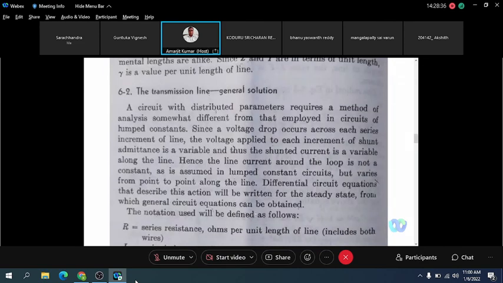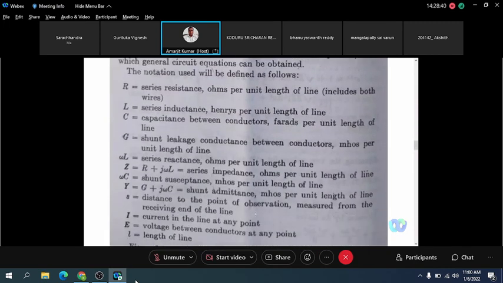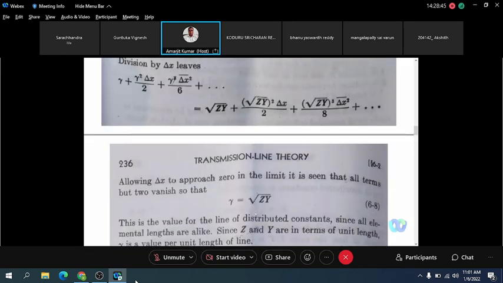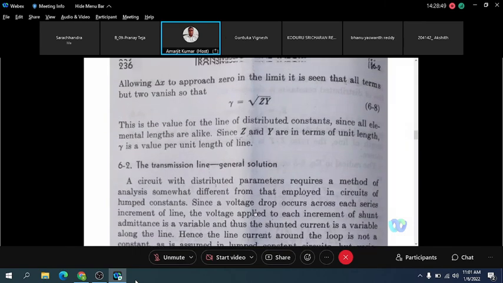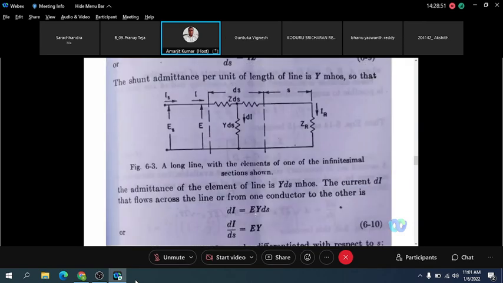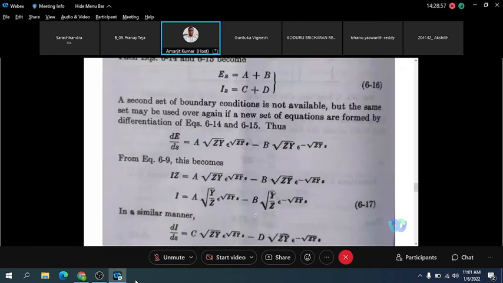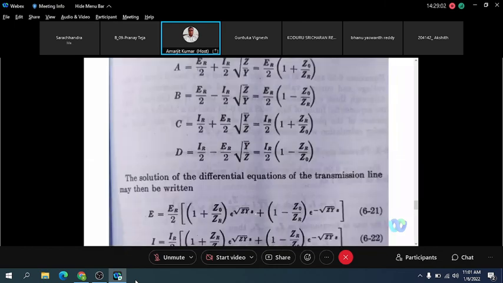Should I continue, or tomorrow we should start this general solution of the transmission line? Tomorrow. Okay, tomorrow we will study the general solution of the transmission line, because a second order differential equation will be involved. We will calculate the current, voltage, impedance, everything.